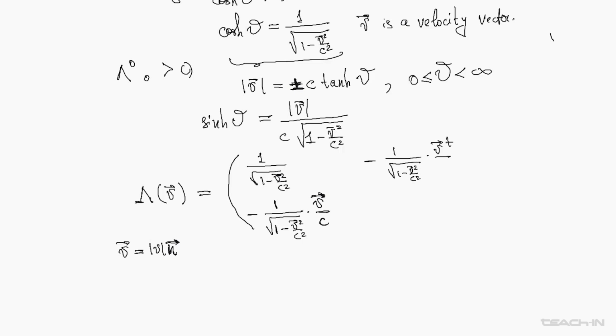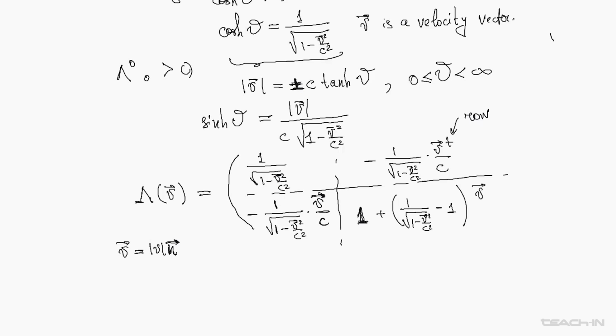And finally, in this part of our matrix, we will have the three-dimensional identity matrix, 3 by 3 identity, plus 1 divided by square root of 1 minus V squared divided by C squared, minus 1. And here, V tensor V transpose divided by V squared, and then the bracket is closed.